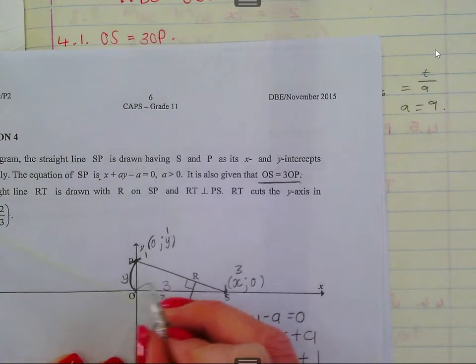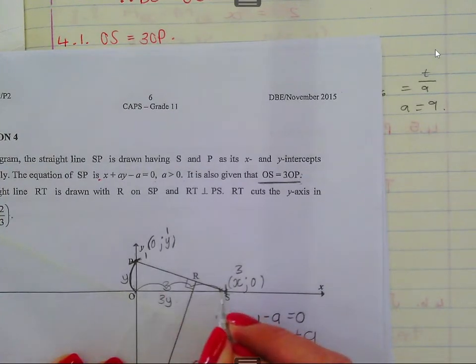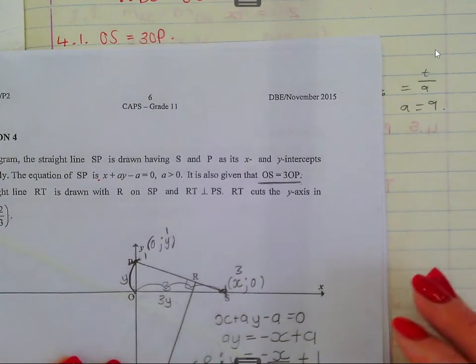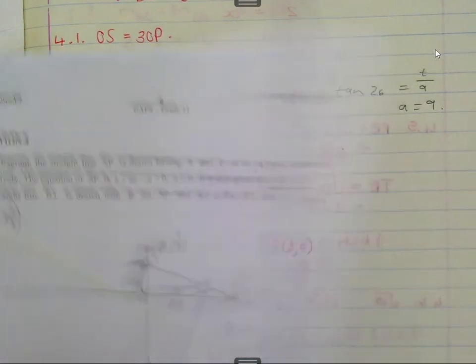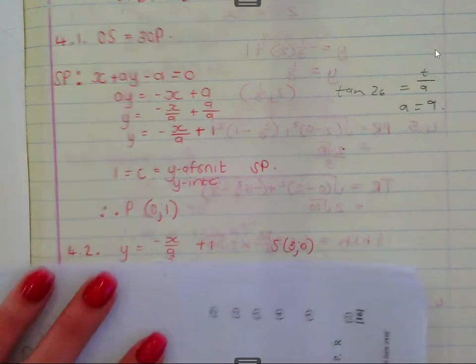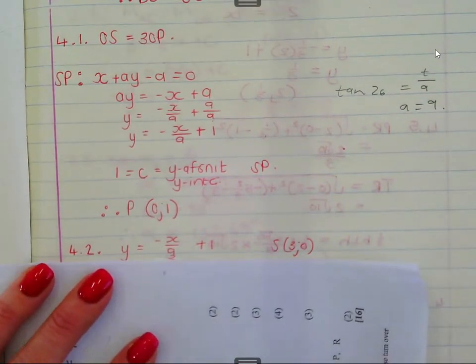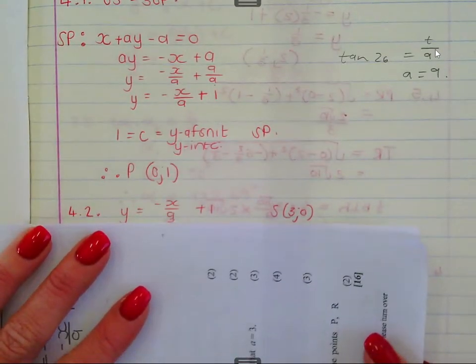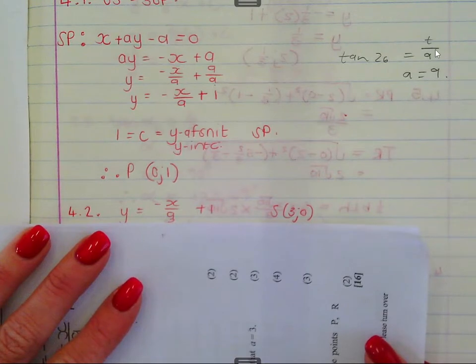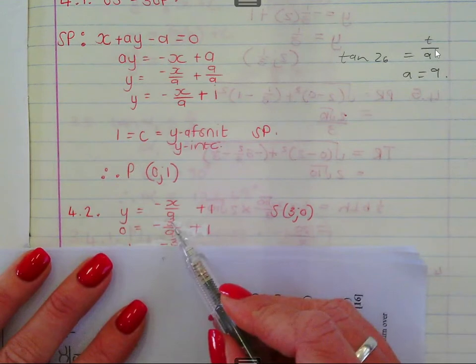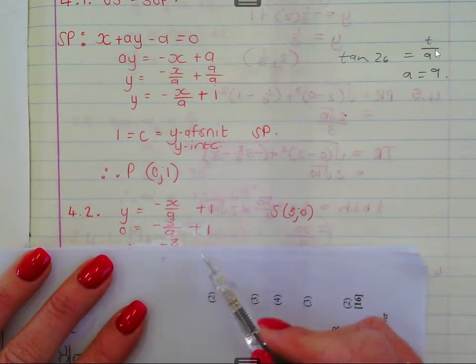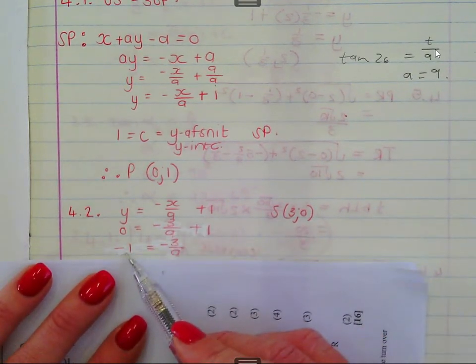Because that's the x value, 1, 2, 3. And it's on the x-axis, so I know the y is 0. So now I have a coordinate, 3 and 0, that I can use to calculate the value of a. Do you understand that? Are you sure? Okay, so I substitute the 3 in there and the 0 there. Then I take the 1 over to the other side, it's minus 1.